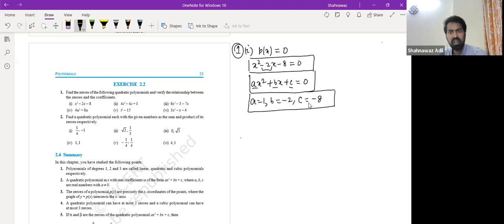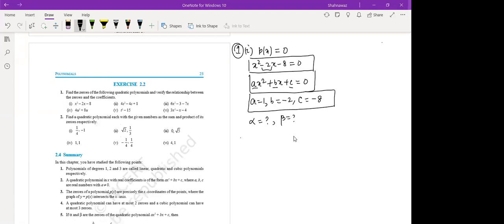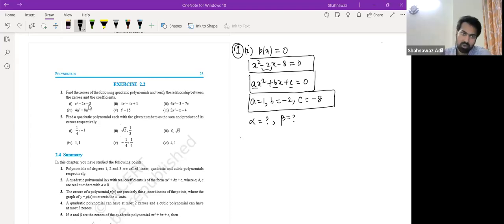Okay. Now we have to find what alpha and beta are. Understood? Yes, understood. To solve this quadratic equation, we have to find the solution of the quadratic equation, and there are three methods.